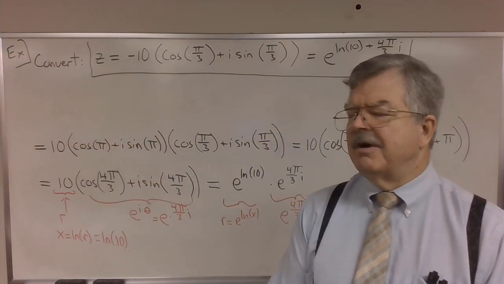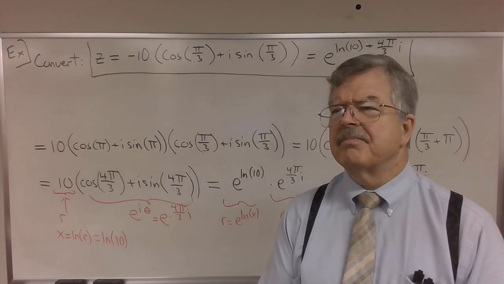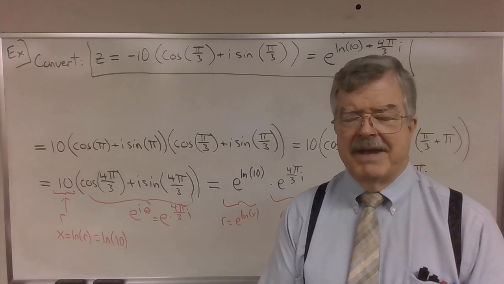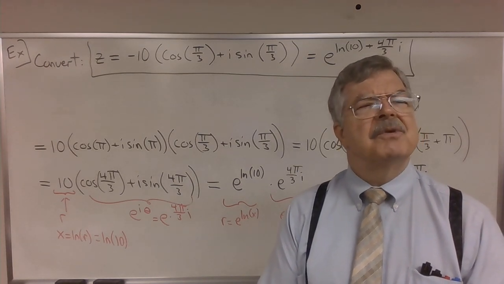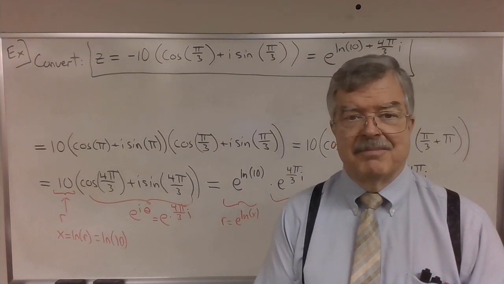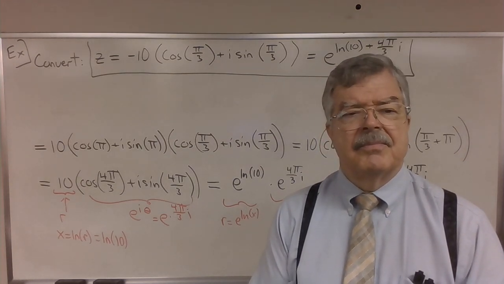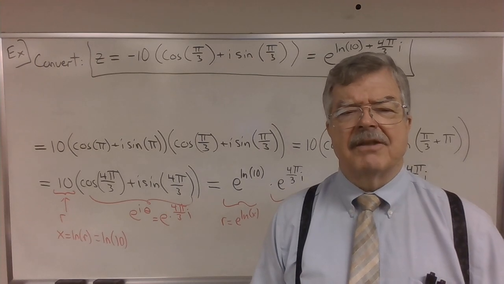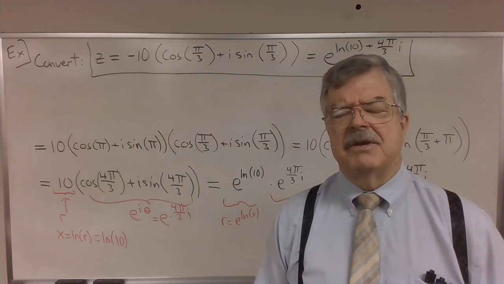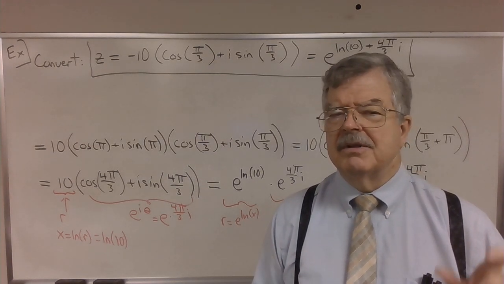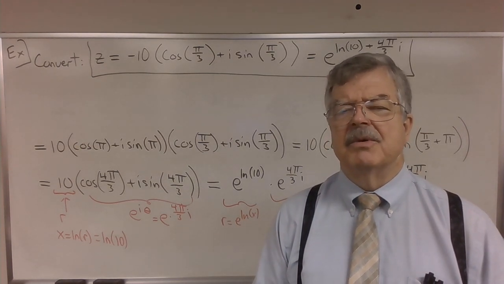Next, we're going to talk about complex numbers that are equal, and applying the fact that two complex numbers are equal have real parts that are equal and imaginary parts that are equal.